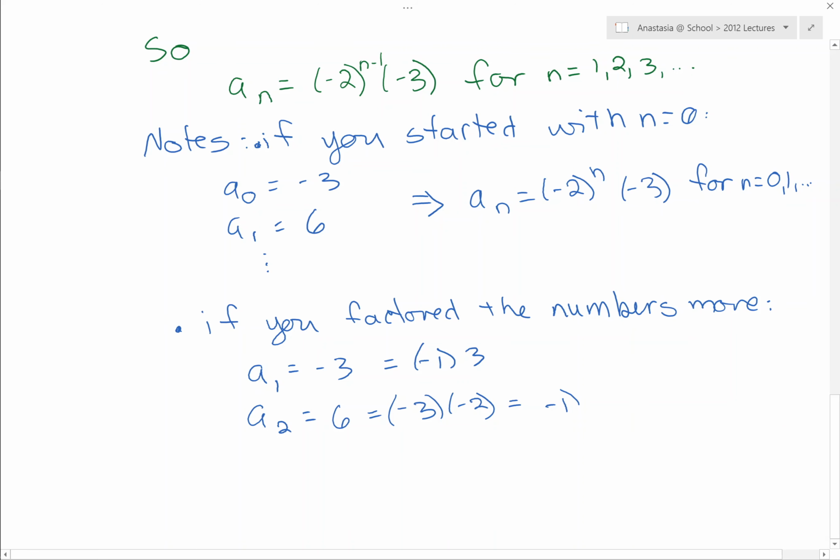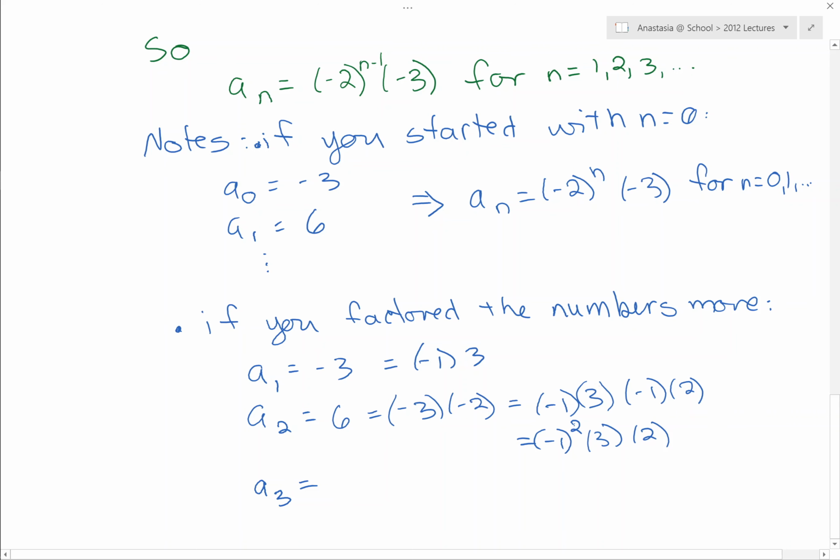So -3 we can rewrite as -1 times 3, and -2 we can rewrite as -1 times 2. So this would be like a -1 squared times 3 times 2.